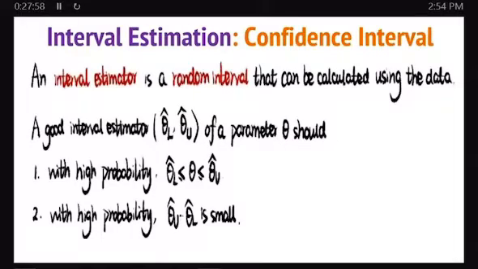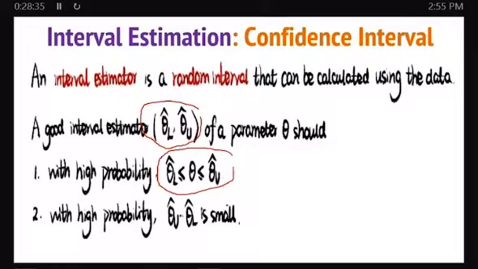Now, the other time I said a good estimator should be unbiased, efficient, and consistent. We're still coming to other properties of a good estimator, and also a good interval estimator. When I talk about an interval estimator now, I'm going to have the lower value and the upper value, and the property is that the true value of the parameter should lie within the two values with very high probability.